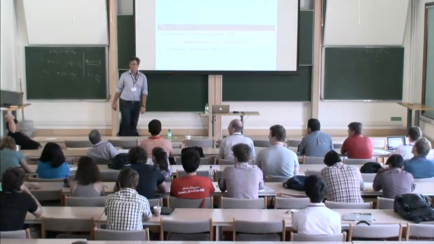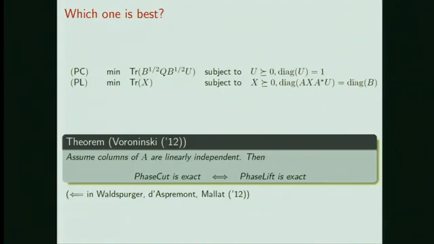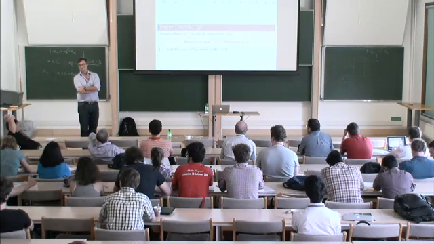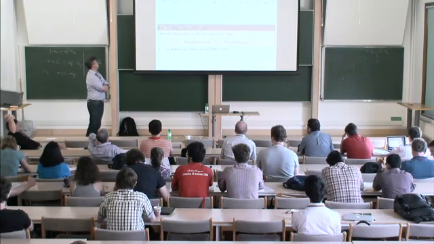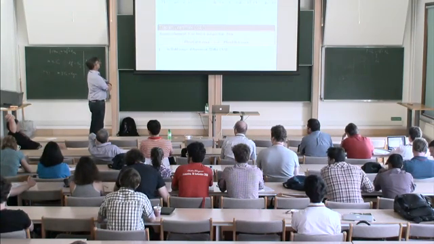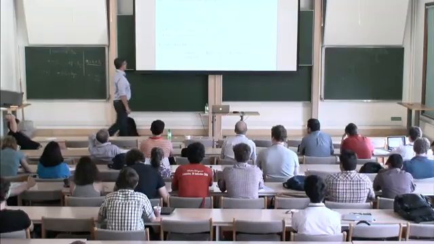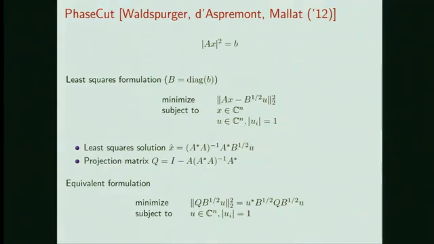Emmanuel, if I were to think about this matrix, B to the one half, Q, B to the one half, in your ensemble you're picking the columns of A randomly. So is there a particular statistical ensemble behind it? Yeah, there's a graph behind it. So Q is your least squares projection, right? It's the identity minus a projection onto the range of A. So Q is a projection onto a random subspace, really on the Grassmannian with a uniform measure.